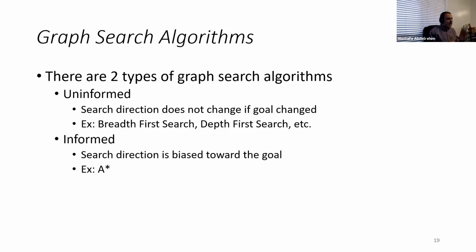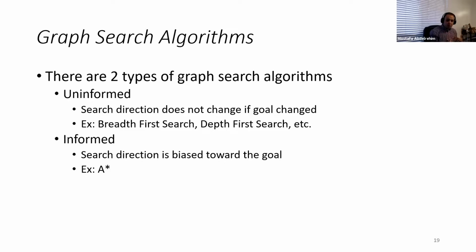For example, if it starts searching forward before right or left, it will do that whatever the location of the goal is. Maybe the goal is backward, so it's better to search backward; you would find the goal faster if you looked backward before forward. So an uninformed graph search algorithm searches in a certain pattern, regardless of the goal location.